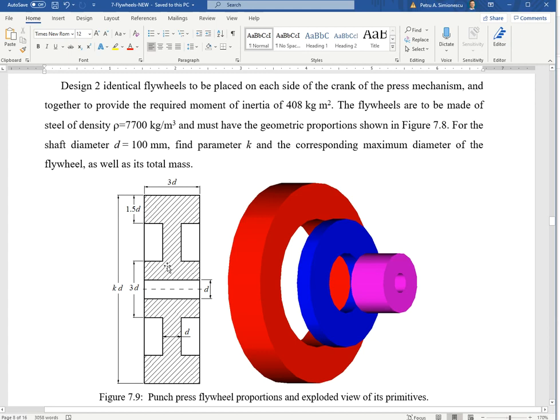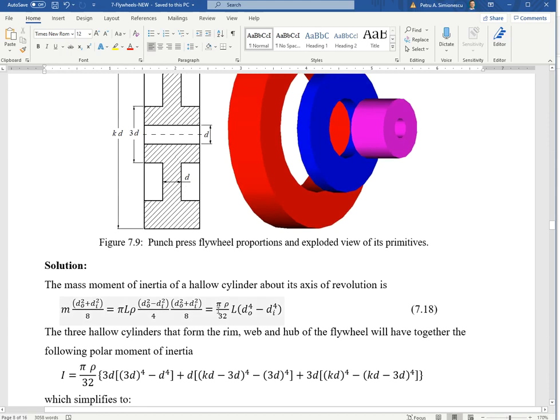There are 3 cylinders, one inside the other, concentric. Total moment of inertia will be the sum of the moments of inertia of the individual cylinders. We have the density of the material that's used, which could be iron, cast iron, by the way.